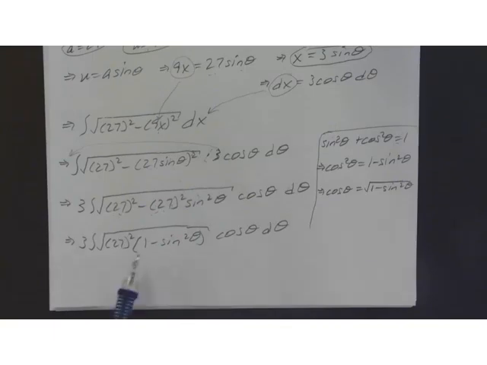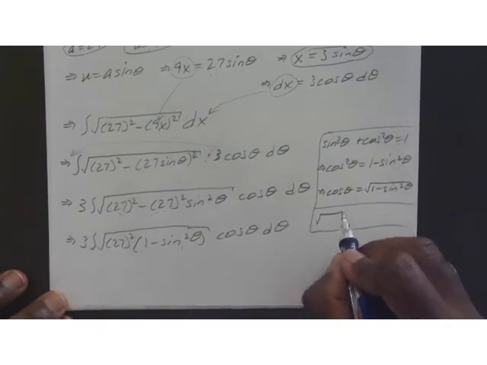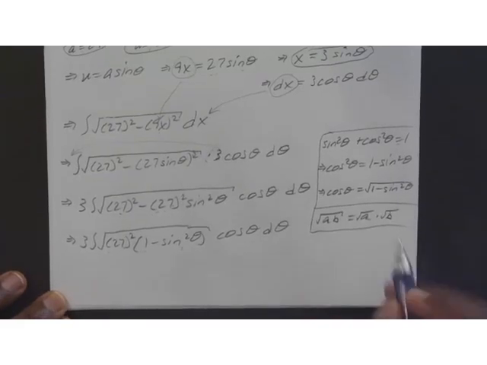Okay, which means we have to get that square root of 1 minus sine squared of theta by itself. And since we're being multiplied by that square root of 27 squared, we can separate those two, because we know that the square root of a times b is equal to the square root of a times the square root of b.